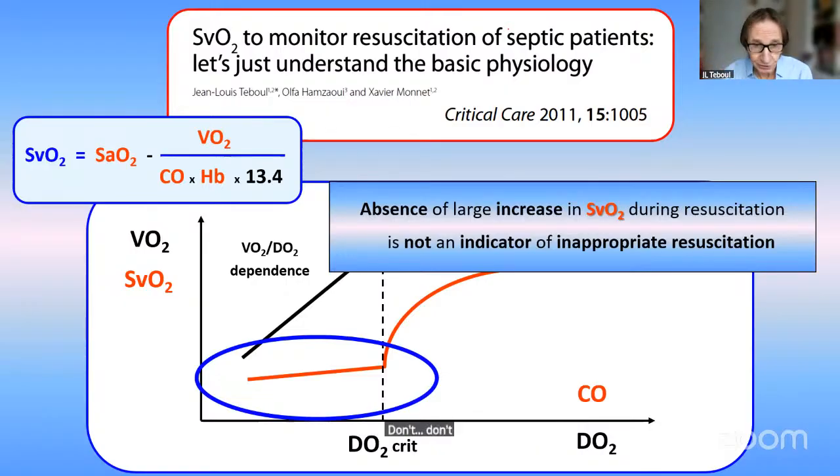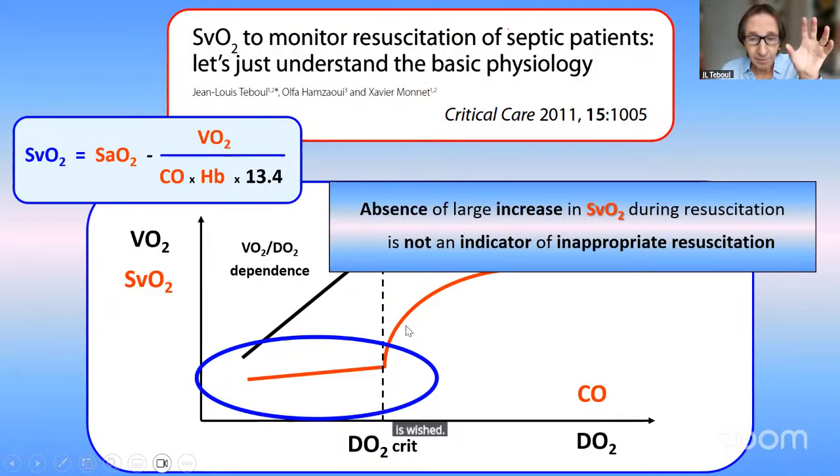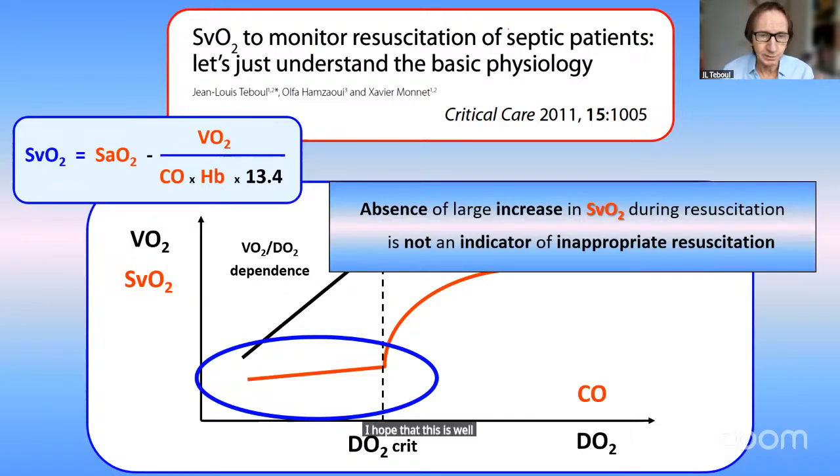Don't be discouraged. Continue. It is normal until this critical level of oxygen delivery is reached. After this point, you will see a huge increase in SVO2, meaning that you were going in the good direction. I hope that this is well understood, because this is fundamental, and many intensivists totally ignore this.